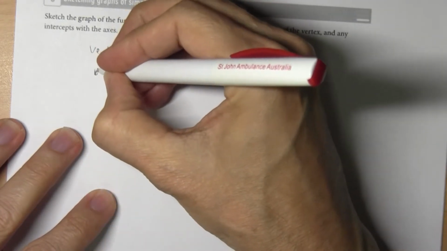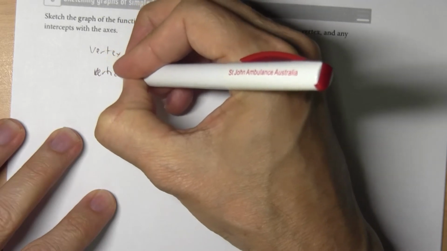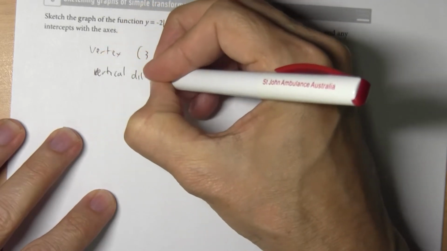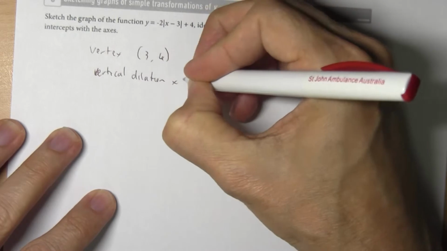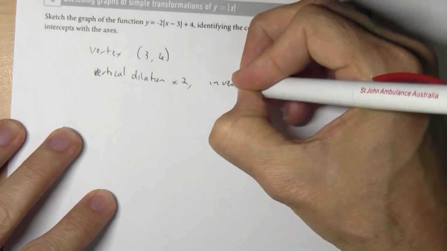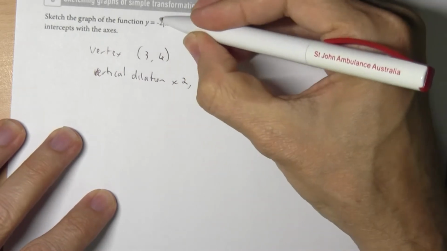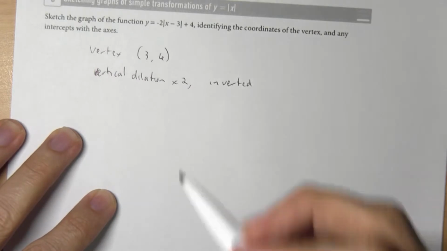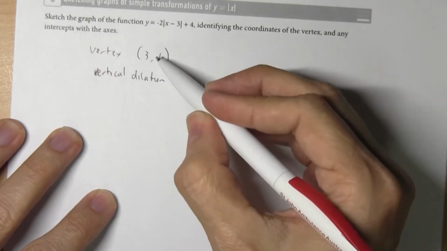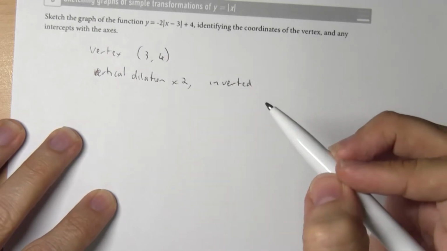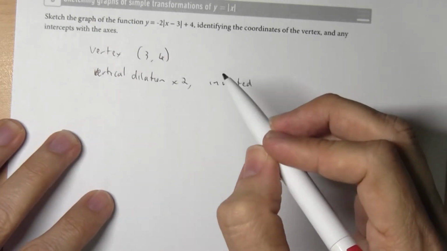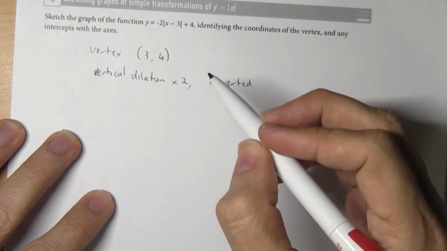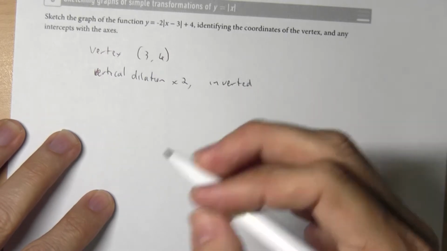So, a vertical dilation of 2 and inverted because that number is negative. That is actually enough. Knowing the gradient is 2 and the vertex, you can actually draw the graph. But it may be easier in fact to work out the intercepts first.